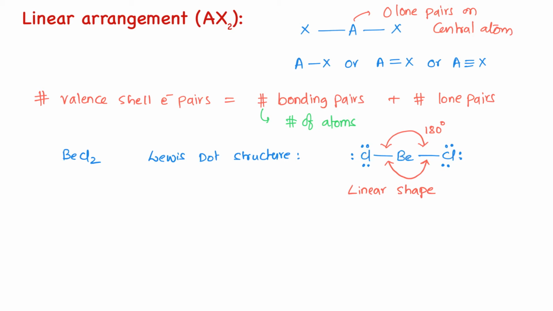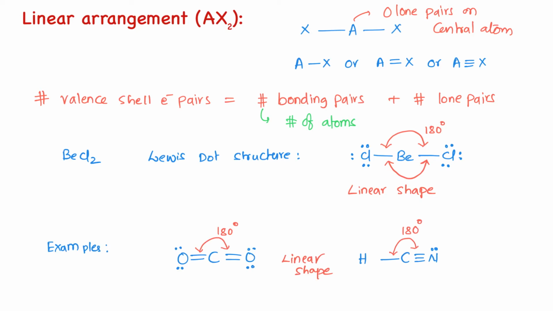A few other examples of molecules of type AX2 are carbon dioxide and hydrogen cyanide. Note that the multiple bonds, that is a double bond and triple bonds, are treated as one valence shell electron pair.